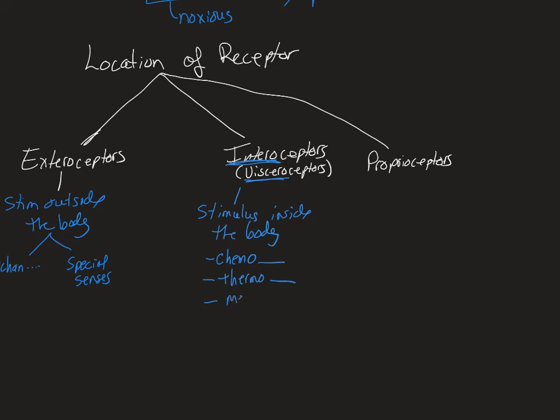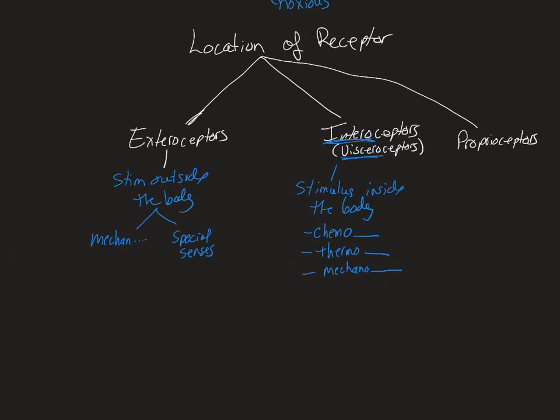or mechanoreceptors. I'm hoping everybody's starting to pick up on the fact that I'm merging these words. So I'm mixing them up to get better explanations of what the receptor does. So you can mix together the stimulus type with the location of the receptor. So I can have mechanoreceptors that are exteroceptors, and I can have mechanoreceptors that are interoceptors, and I can have mechanoreceptors that are proprioceptors.